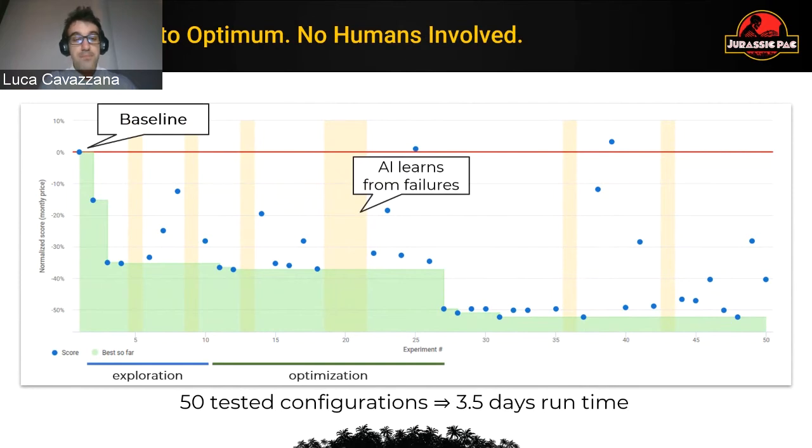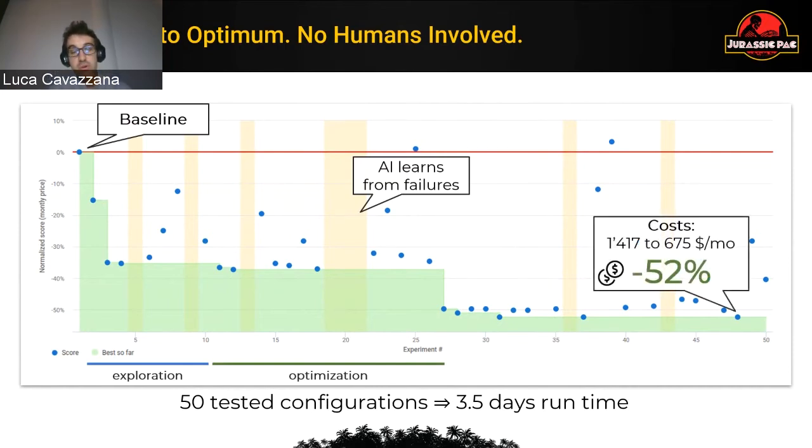But also, after around 27 iterations, the engine was able to nail a configuration that was able to complete successfully on a cluster whose size was significantly smaller than the baseline one, moving from around 35% in savings to almost 50%.